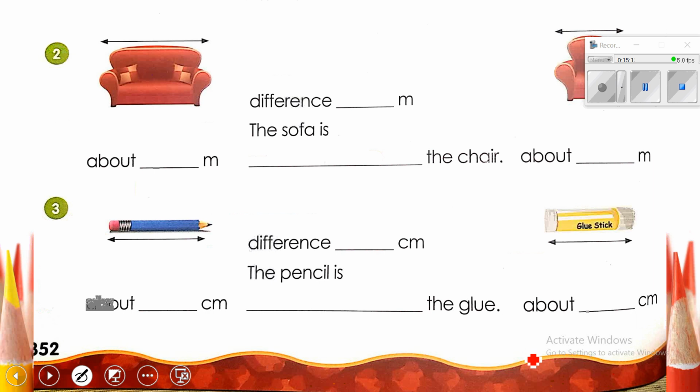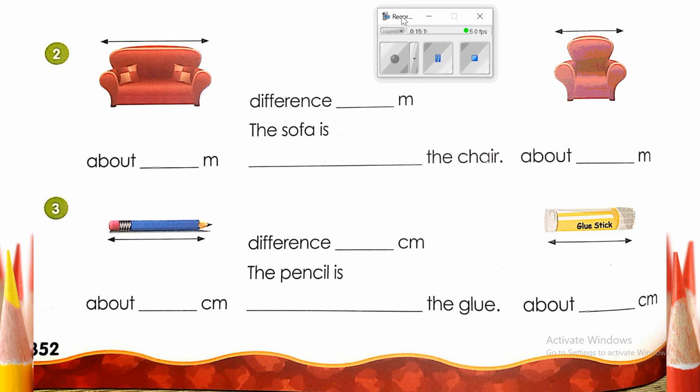Here we will deal with meters. Okay, here is the sofa. I measured already. My sofa is about 3 meters and the armchair is about 1 meter.